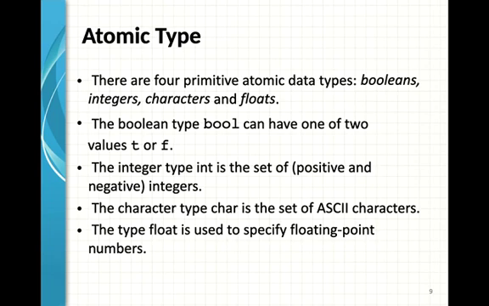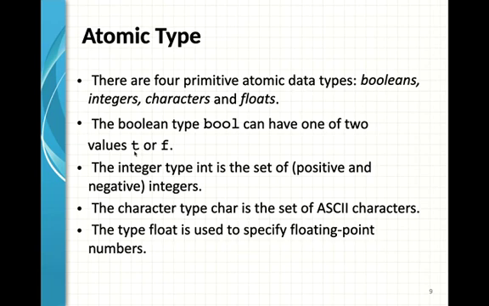Now atomic type or data type. You already know about data representation, the real representation of data. Generally there are four primitive or atomic data types: booleans, integers, characters and floats. What are booleans? A boolean can have two values, either true or false.